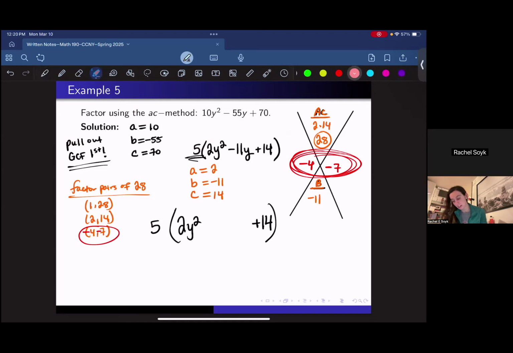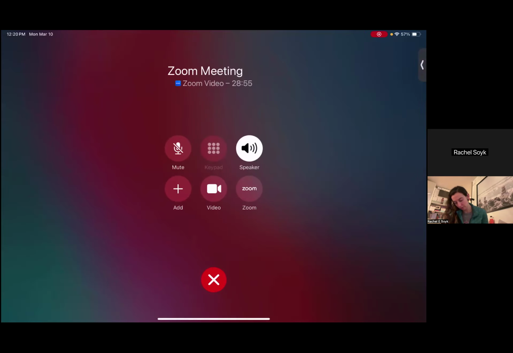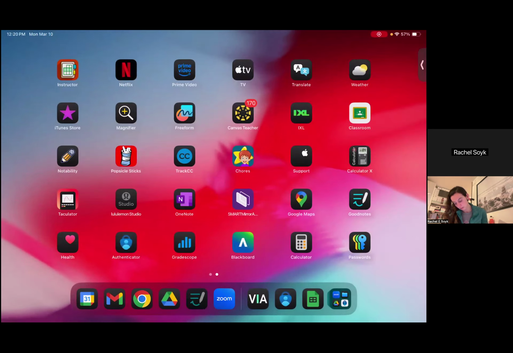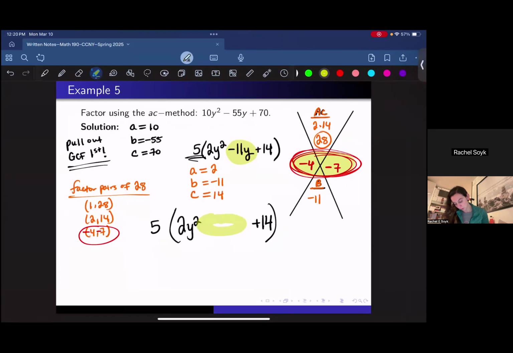But we're changing this middle term to break it up. We're breaking it up into a negative 4y minus 7y.